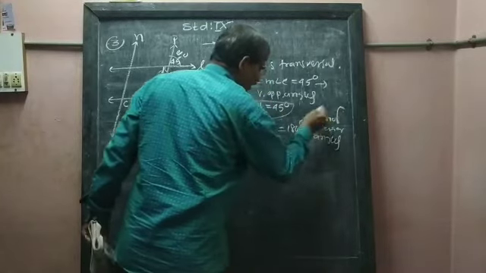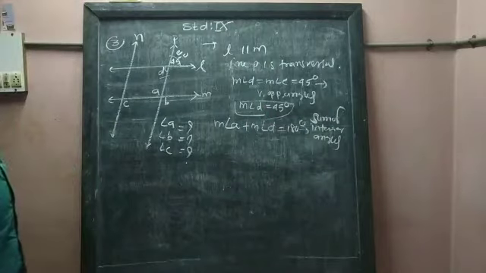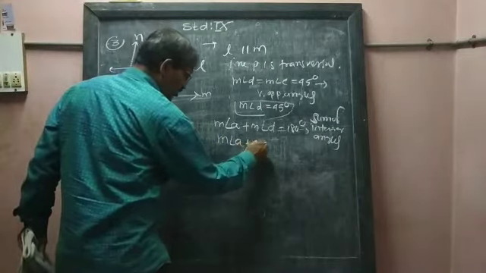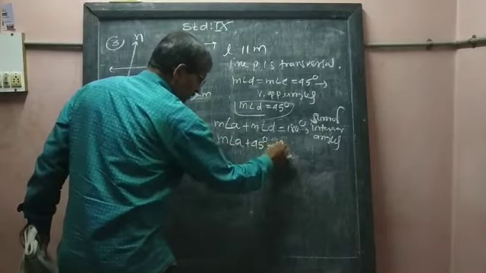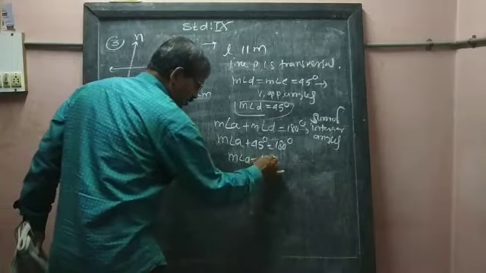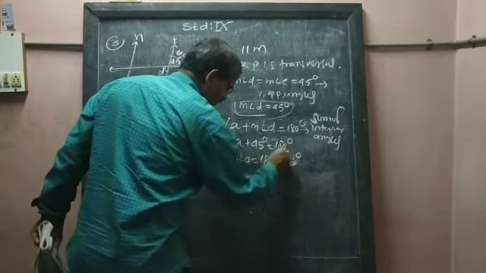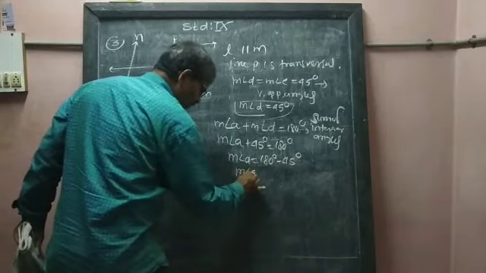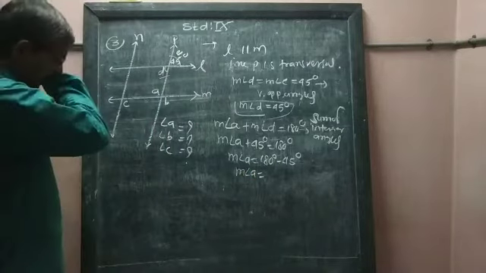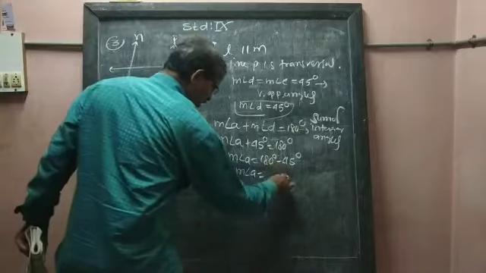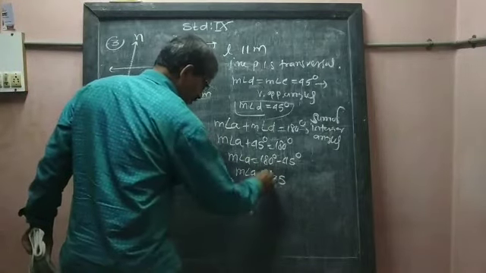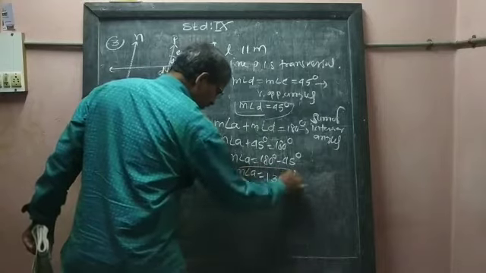Sum of interior angles. Then what is D? D is equal to 45 degree, so A plus 45 is equal to 180 degree. Thus, measure of angle A is equal to 180 minus 45, which is 135 degree.